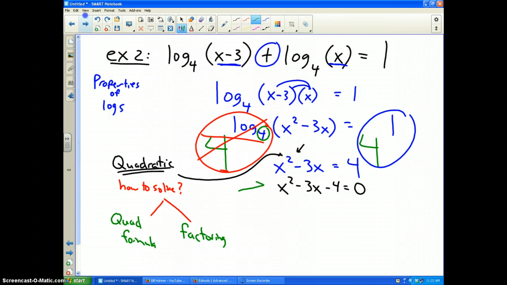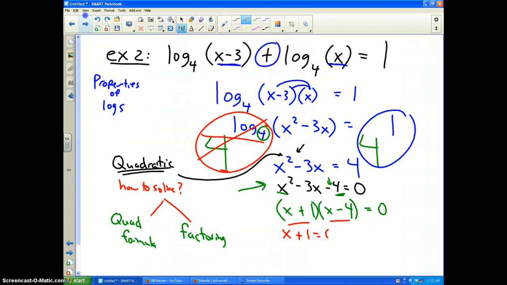Now, in this case, if you inspect it, it is factorable. So I can throw in my two sets of parentheses. Here I have an x and an x, because x times x is x squared. The minus sign there means the signs are opposite. Two numbers that multiply together to give you negative 4 are minus 4 and plus 1. And there we go. Here are two factors.